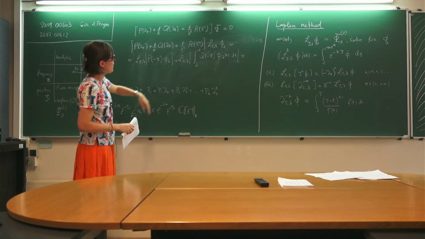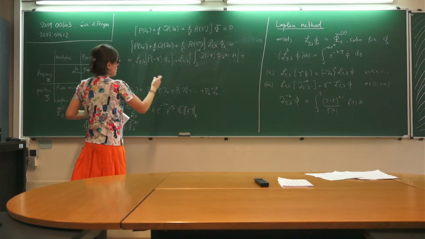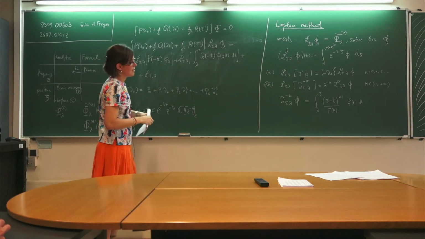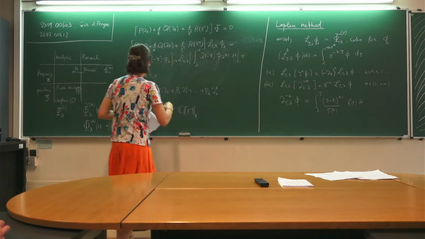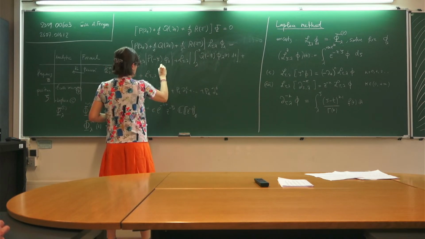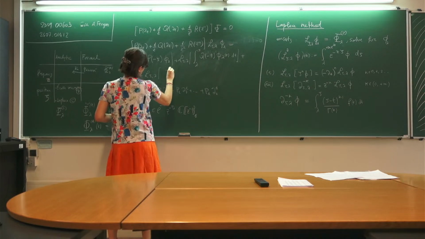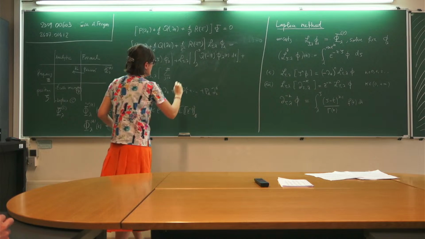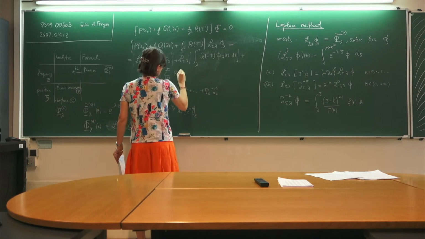I erased the Fourier series expansion of R, but essentially it's the same. You use the property number 3. So what you get here is the Laplace transform, and then you have the sum from 0 to infinity of this Rj.